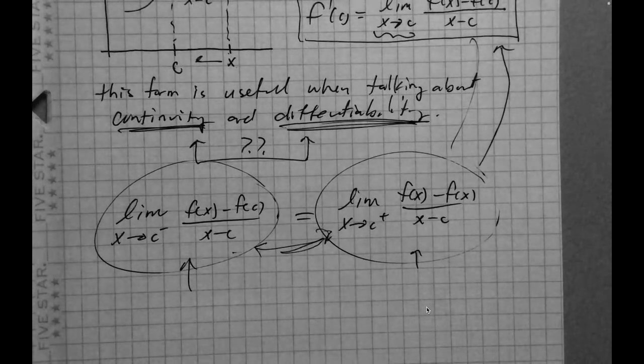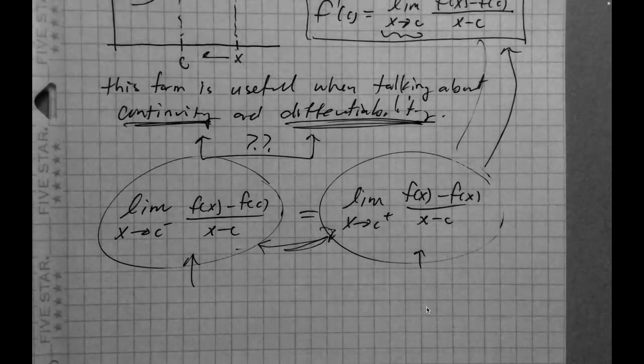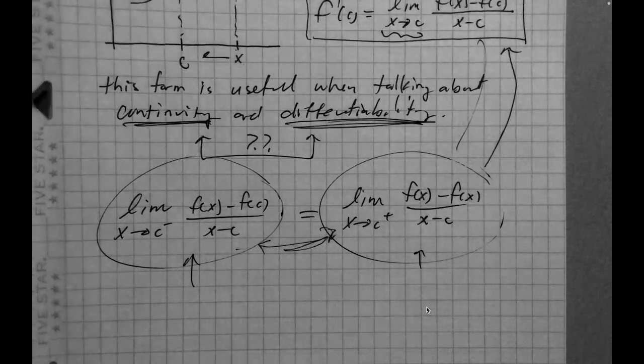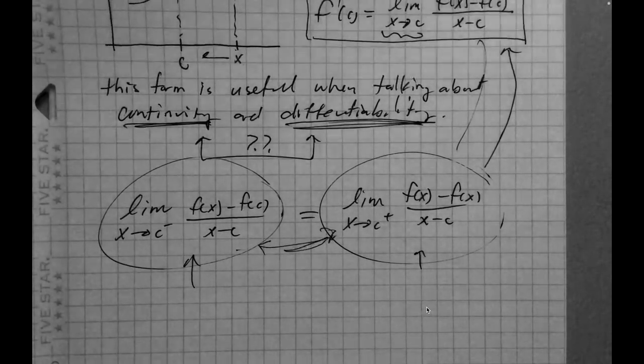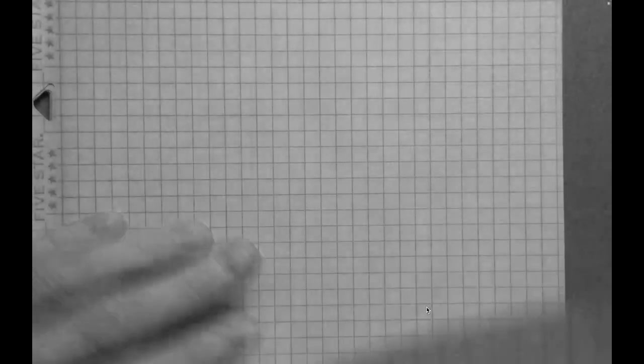going to look at. So let's start by looking at an example of what happens if we attempt to calculate a derivative at a point where we do not have continuity. What happens if we want to try to calculate a derivative at a discontinuity?